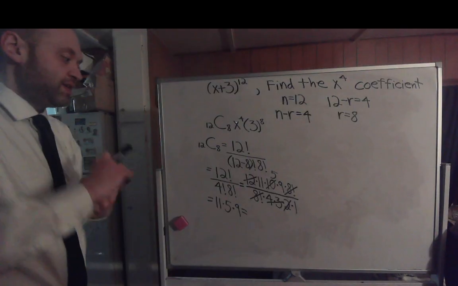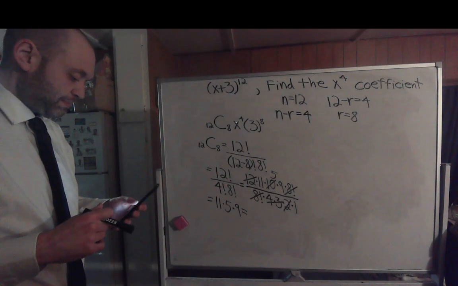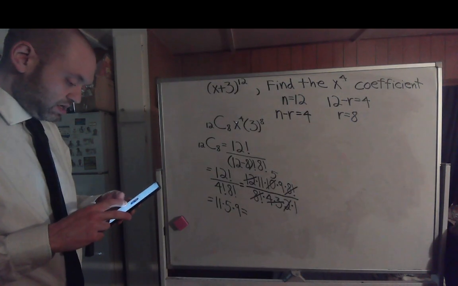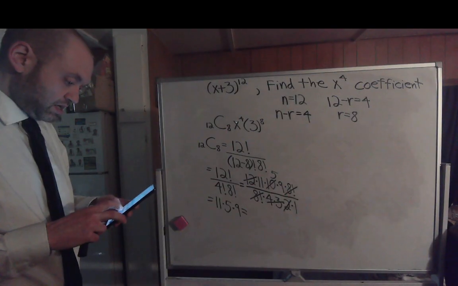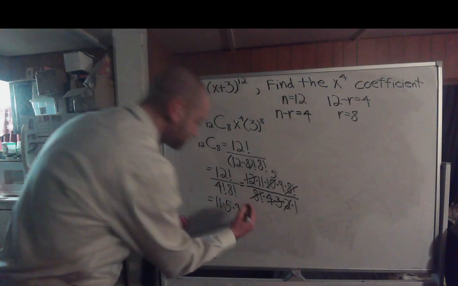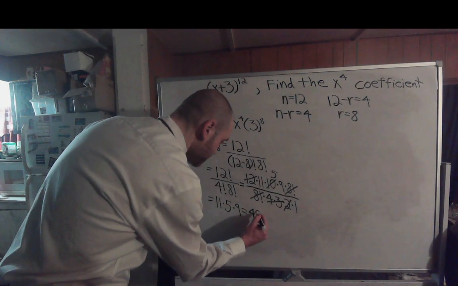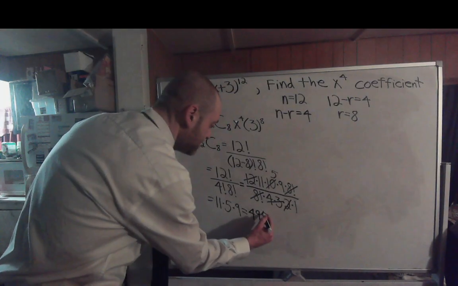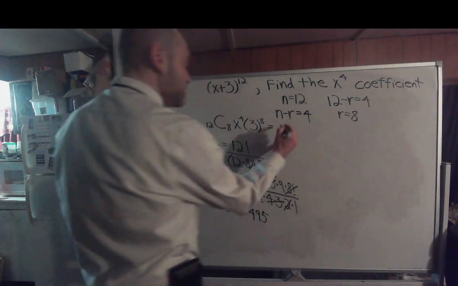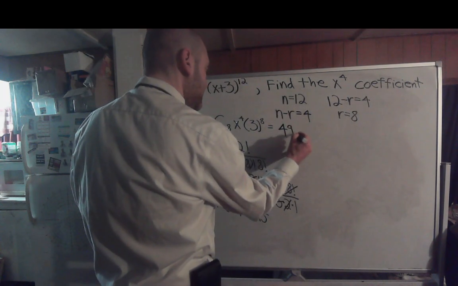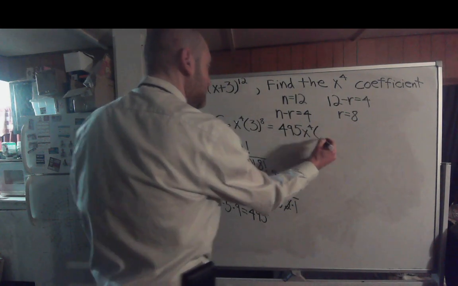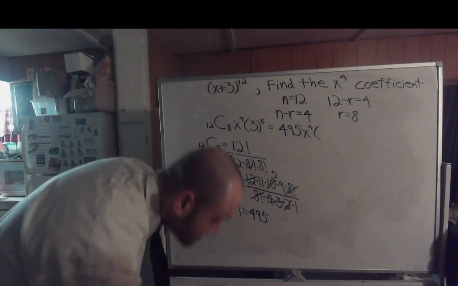Let's go ahead and find that answer here. You get 495. So the combination of 12 things 8 at a time is going to be 495. So this would turn into 495 times that x to the 4th times whatever 3 to the 8th is.